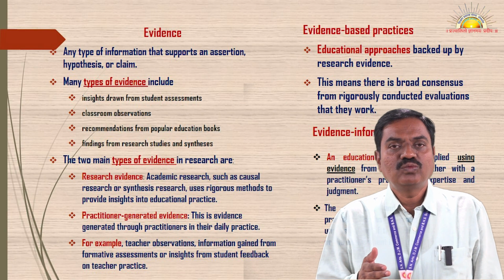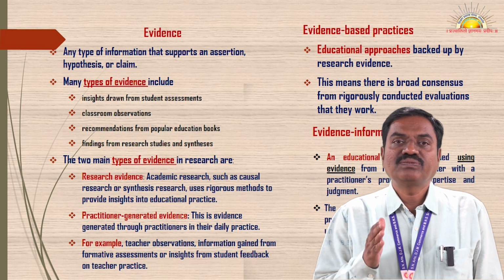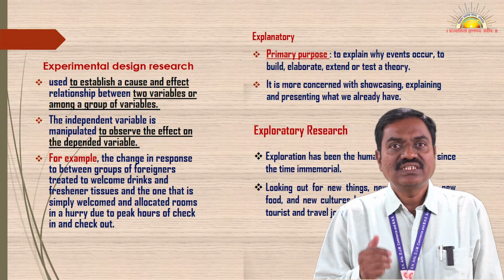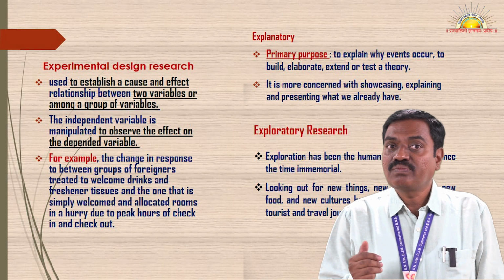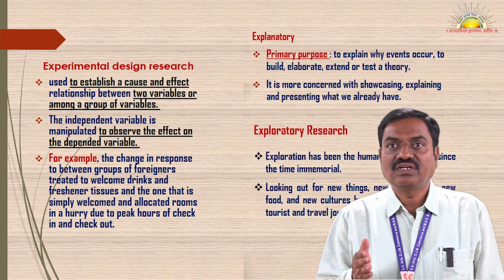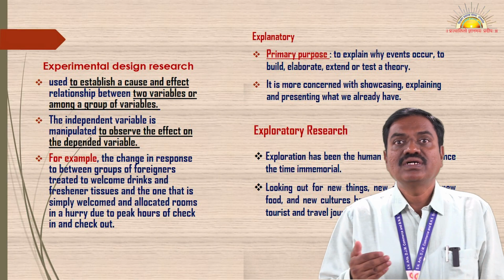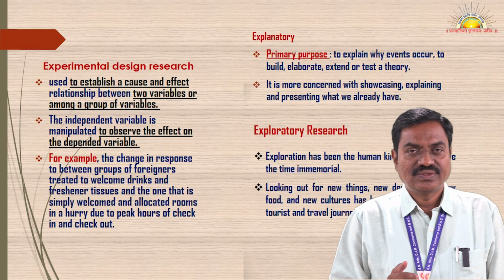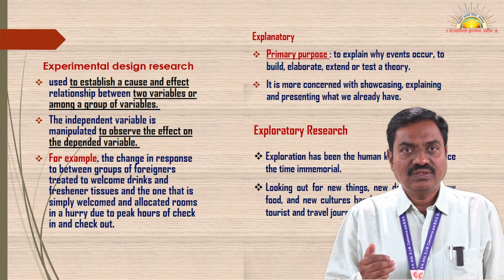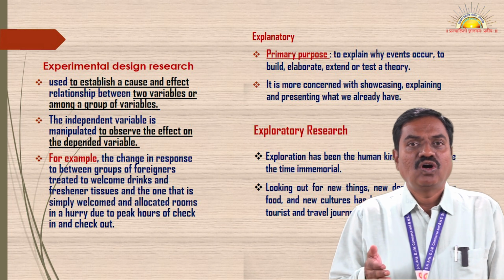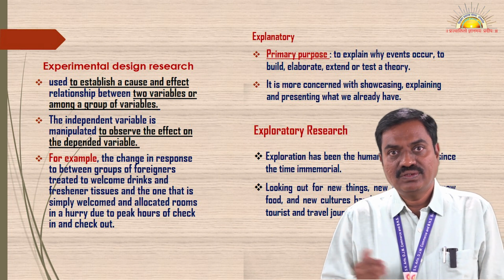The next term that I am going to talk about is experimental design research. This is a method used to establish a cause and effect relationship between two variables or among a group of variables. The independent variable is manipulated to observe the effect on the dependent variable.